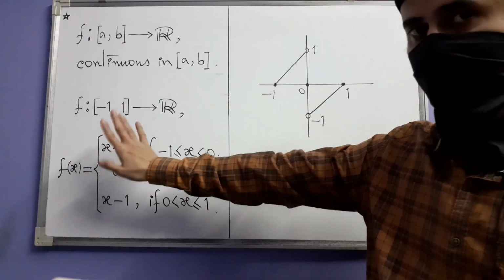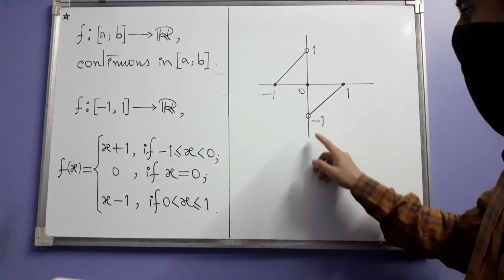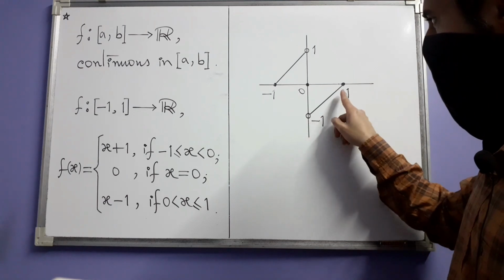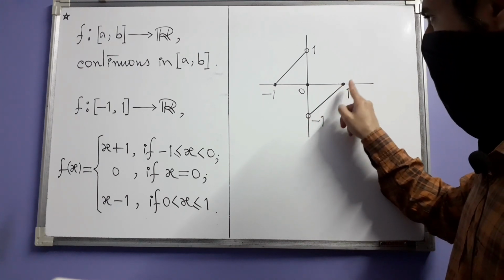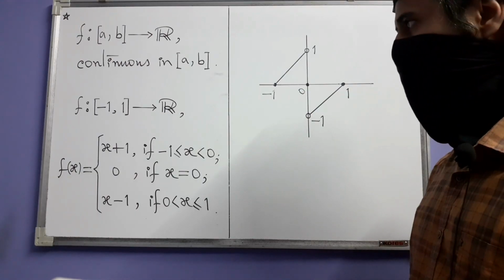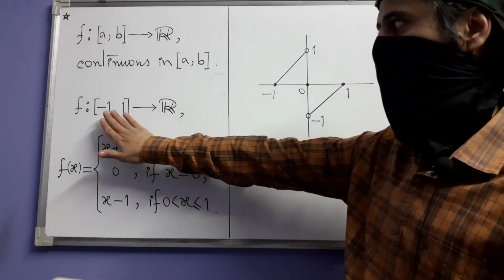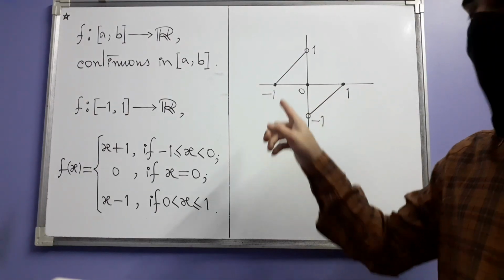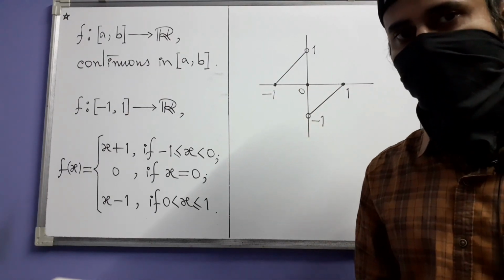That does not follow this part of the definition. Similarly, in this region, the graph is this. For this part, this point is included, whereas this point is excluded. So you see that this time, in spite of having a closed interval, the function is not continuous at the point x equal to 0.